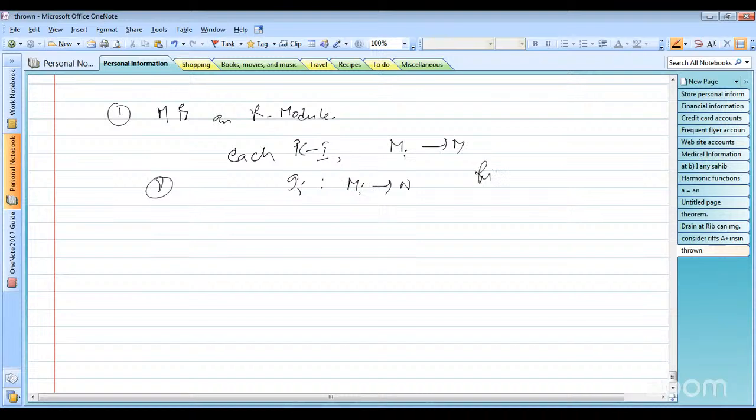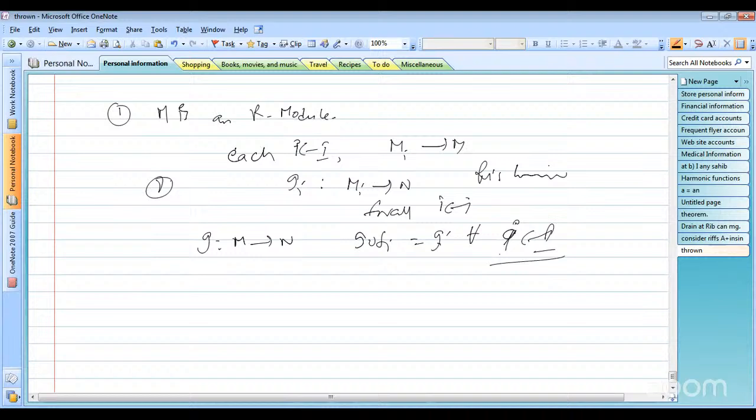Second, for all i belongs to I, there exists a unique homomorphism g from M to N such that g composed with f_i equals g_i, for all i belongs to I. What is the condition of the extension, such that g_i equals g circle f_i for all i belongs to I? That is the condition we have to write here. That's one.